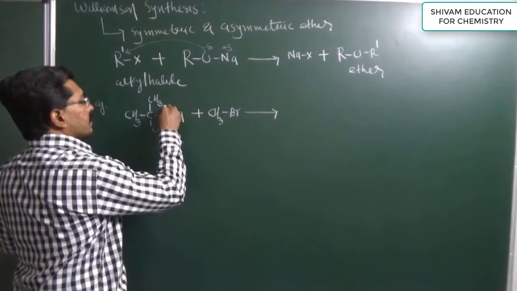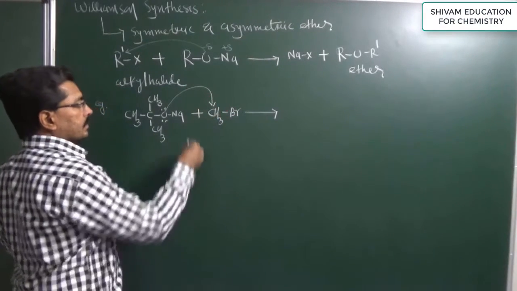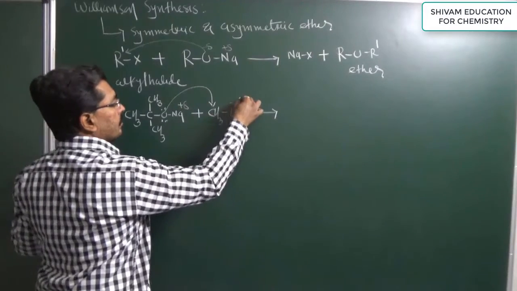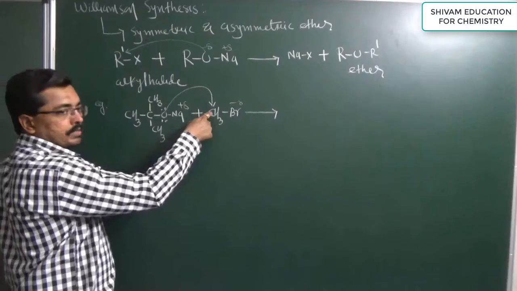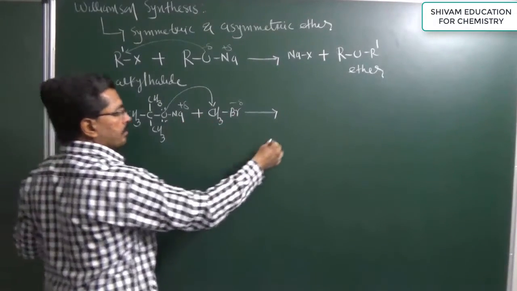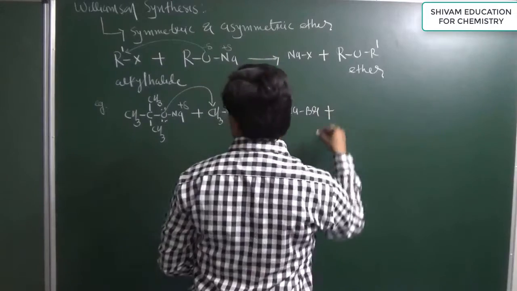Here this oxygen, having a non-bonding electron pair, attacks this carbon. Sodium has a positive charge and the bromide ion has a partial negative charge. So oxygen joins with this methyl group, and sodium joins with bromine and is removed in the form of sodium bromide.